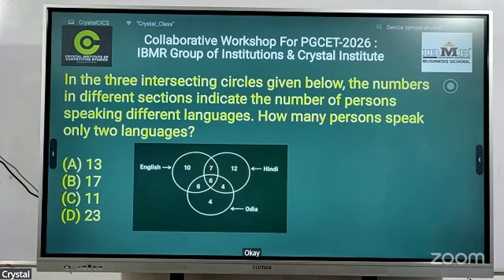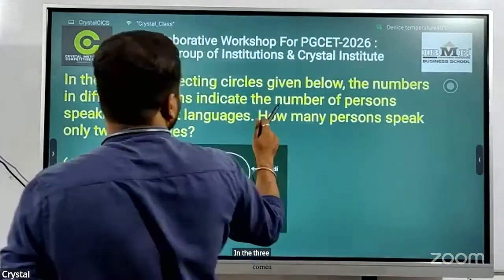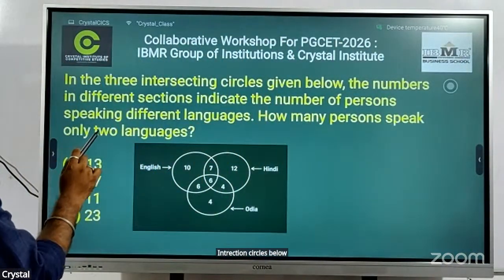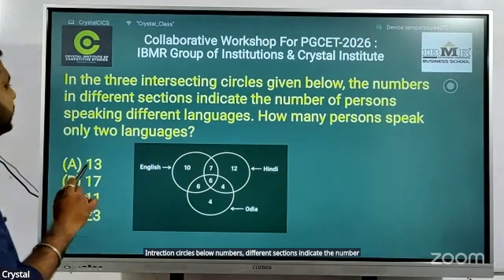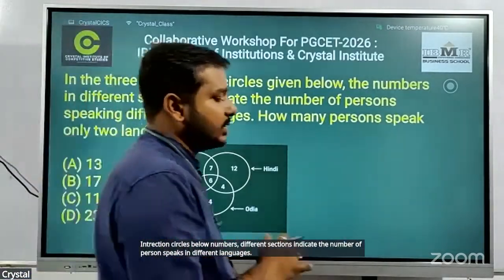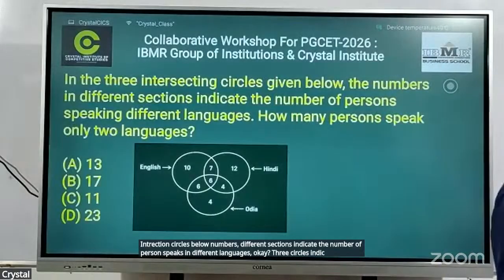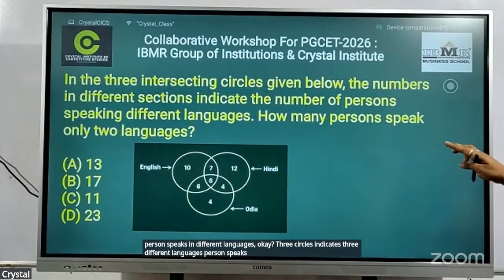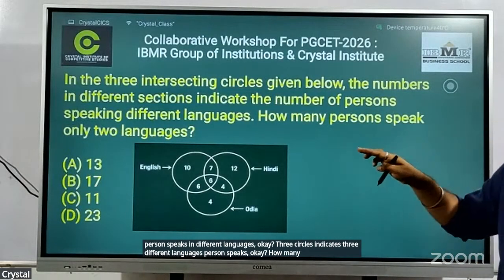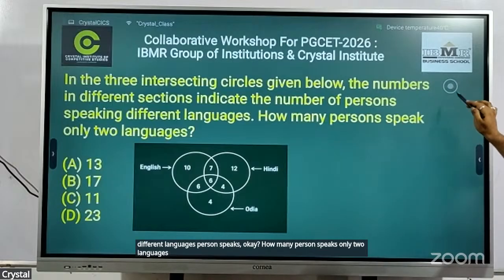Next. In the three intersecting circles below, numbers in different sections indicate the number of persons who speak different languages. Three circles indicate three different languages. How many persons speak only two languages?